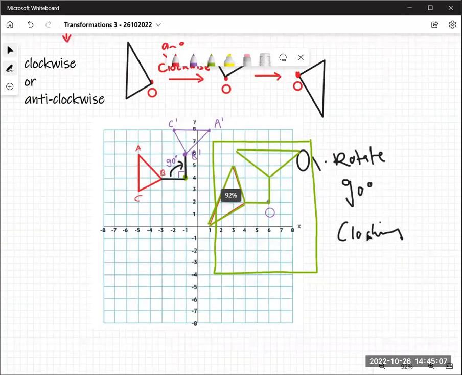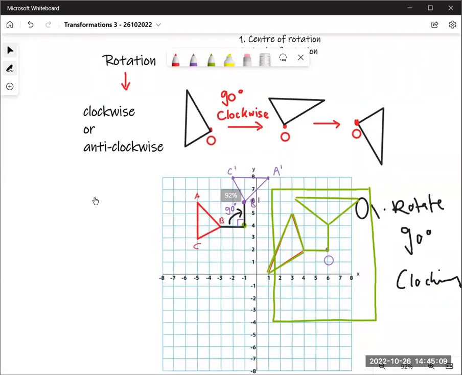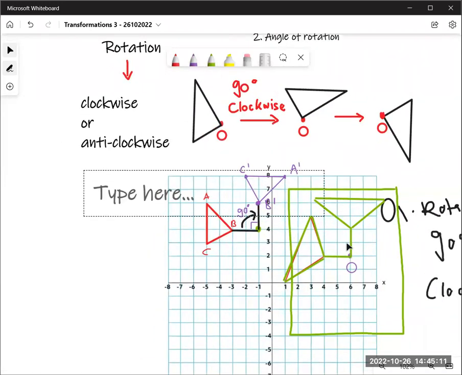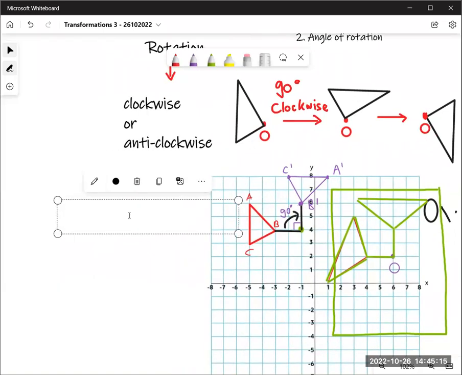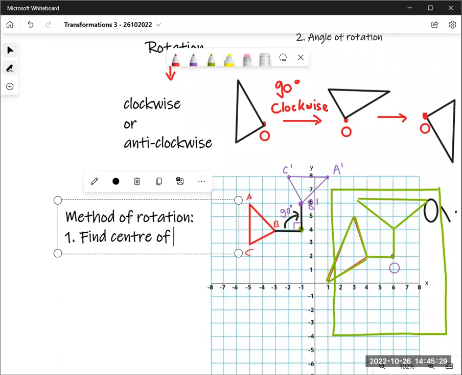So I'll give you the steps here. First thing is to find the center of rotation.